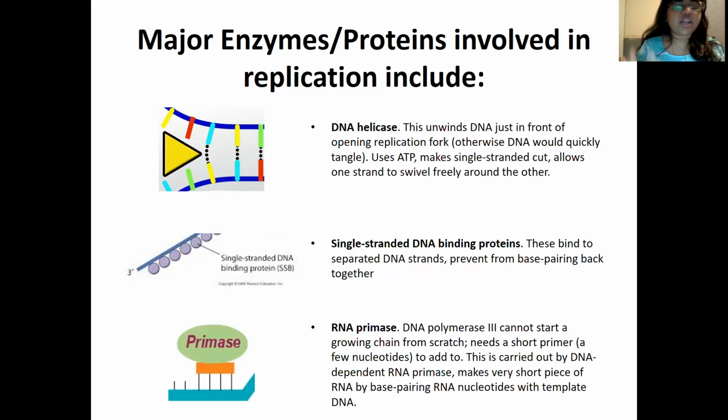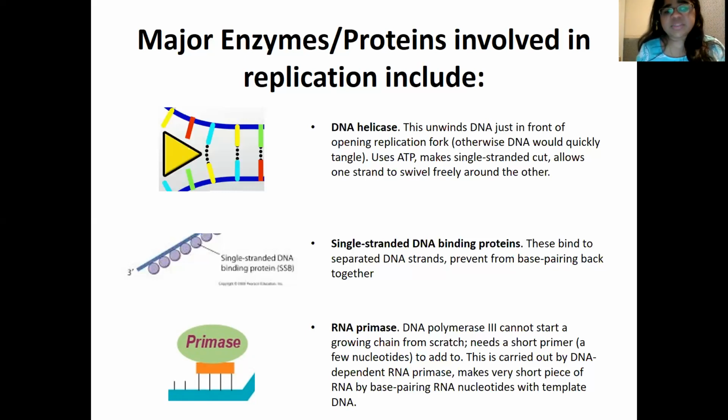Then you have primase. Primase is required because the polymerase itself cannot add on nucleotides without something to continue off of, right? So when this comes into play, we have an enzyme called primase. It adds on a primer, which is made of RNA.